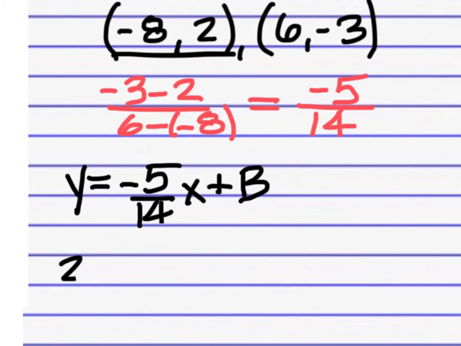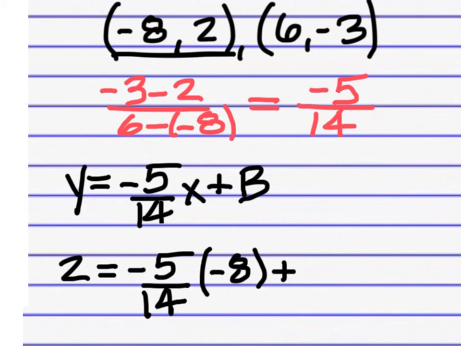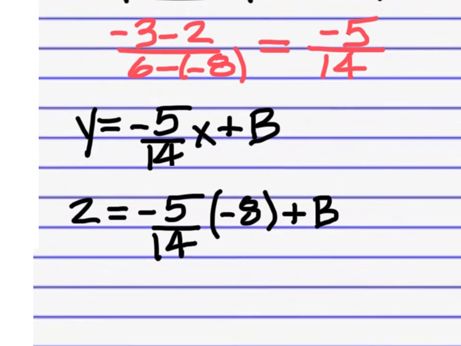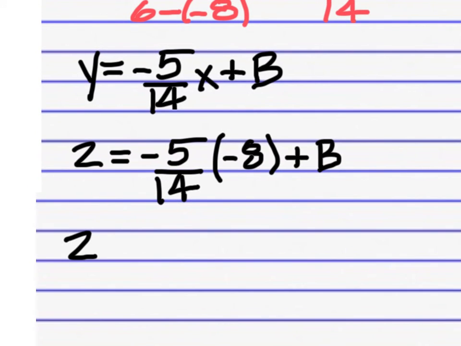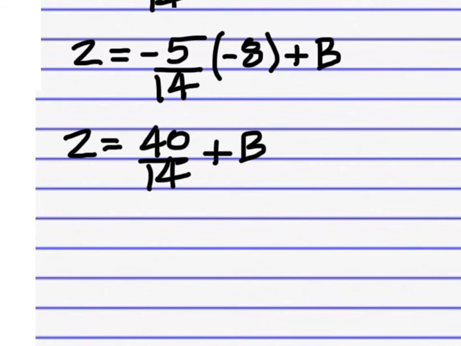So that'll be a 2 equals negative 5 over 14 times a negative 8, and then plus b. Simplify to get 40 over 14. 40 over 14 can be reduced. It goes to 20 over 7.